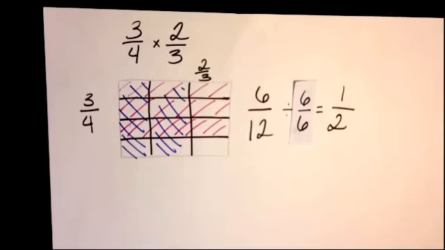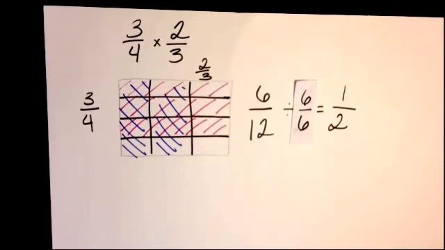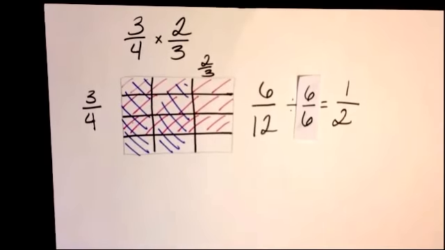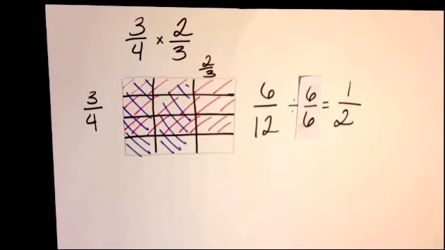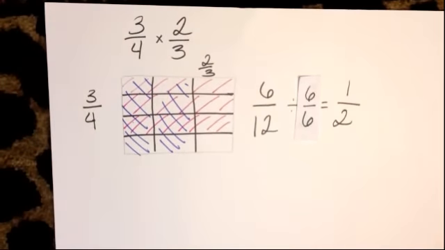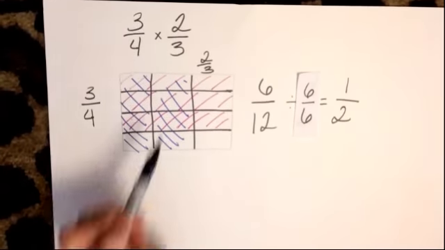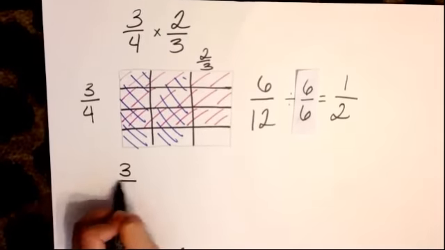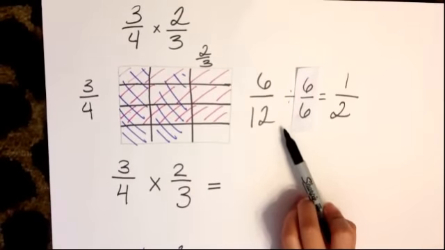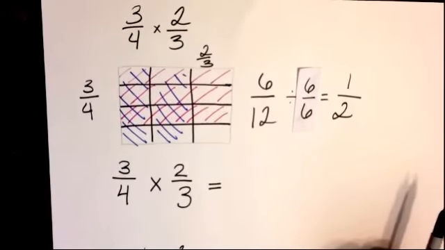The shaded model method is great, but it's not practical to use every single time we need to solve one of these problems. So let's take another look at our equations to see if we can come up with a rule. So if we look again, I'm just going to recopy our original problem. And this over here was our original answer, 6/12.